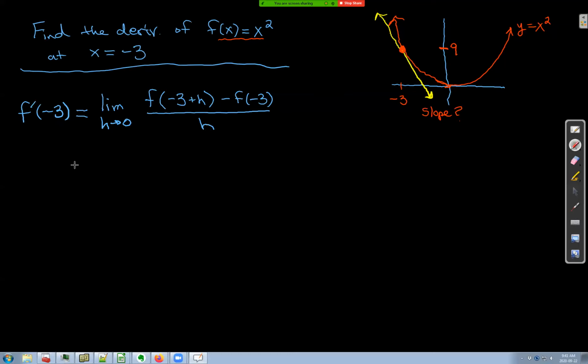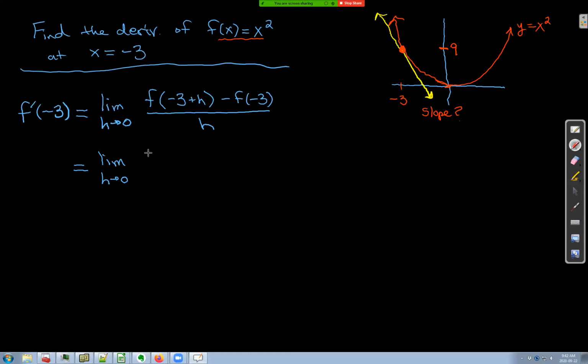Now what I have to do is simplify this limit. So I've got the limit as h goes to 0, and I say, what the heck is f? This is where I have to go back to the original problem. Oh, f was the squaring function.